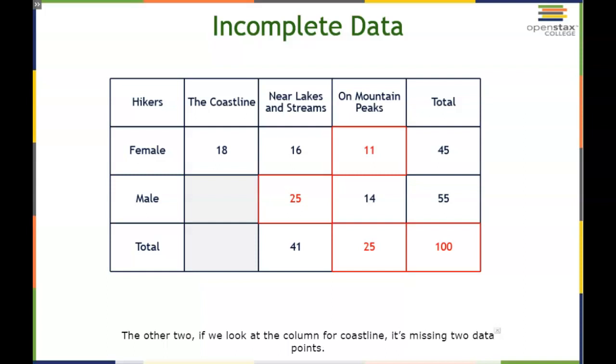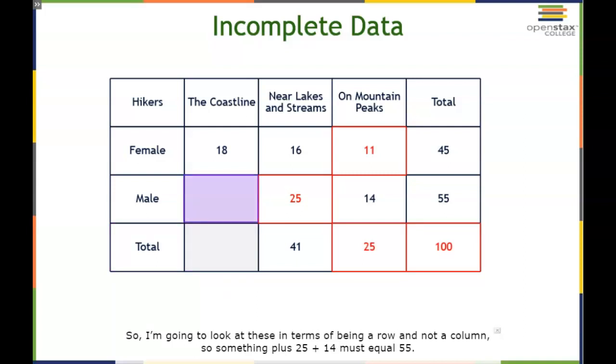The other two, if we look at the column for coastline, it's missing two data points. But if we look at the male row, it's only missing one value, and the total row is only missing one value. So I'm going to look at these in terms of being a row and not a column.